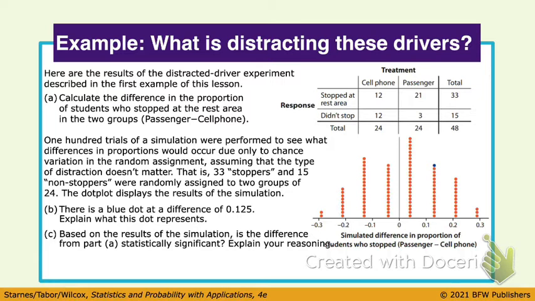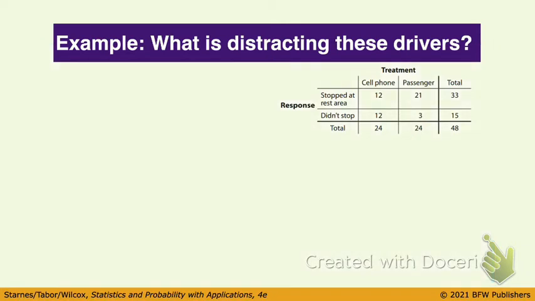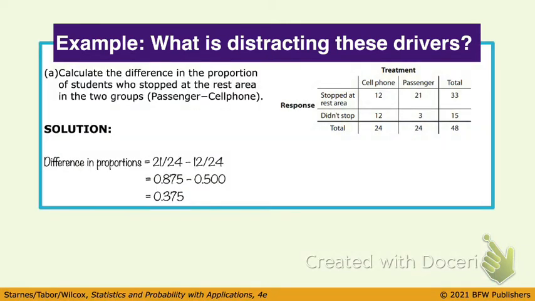So that is our data. There were obviously 33 total remembered to stop, and 15 forgot out of the total of 48. So we want to look at the difference in the proportion of students who stopped at the rest stop in the 2 groups, passenger minus cell phone. I think I remember we did calculate this. If we look at the passenger group, we had 21 out of the 24 that remembered to stop.